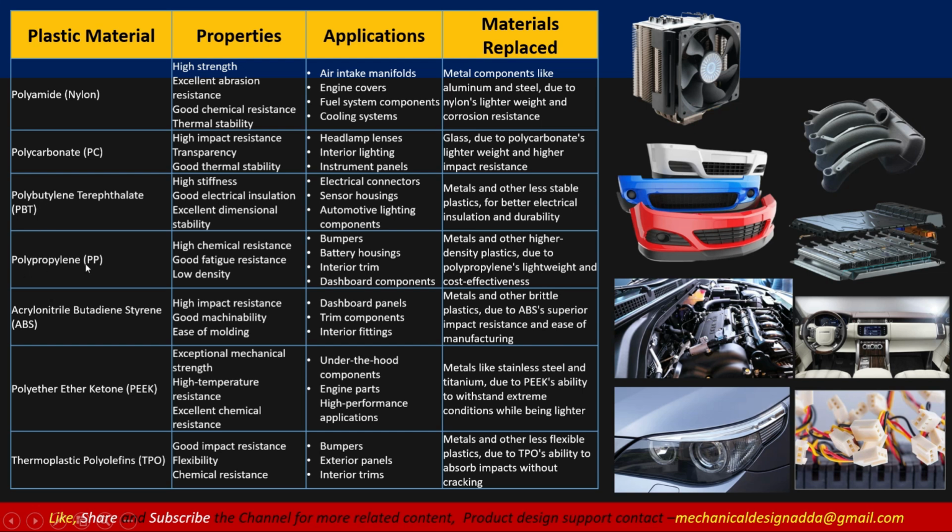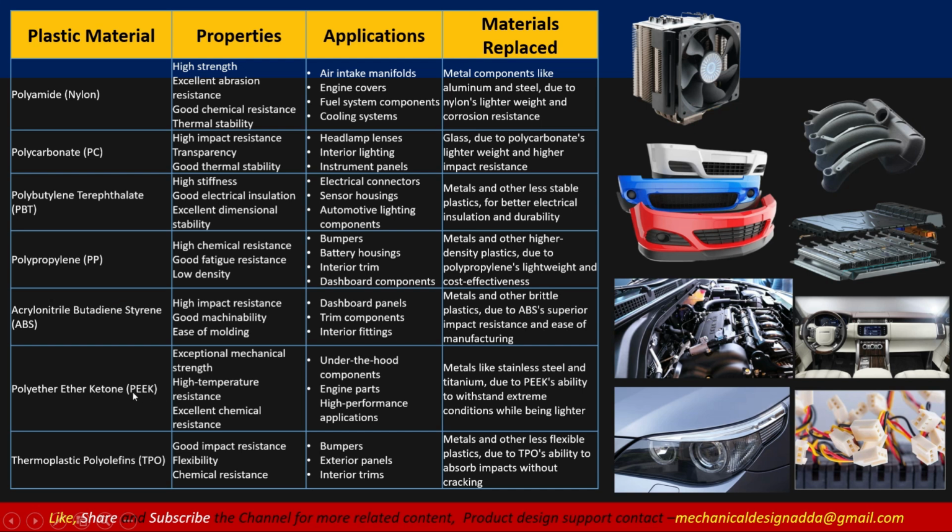And polypropylene products we are using for the bumpers, battery housing, interior trim and dashboard. We use polypropylene for these applications because it is lighter in weight and cost effective. And then the ABS material we are using for the dashboard panel, trim components and interior fittings, because ABS provides superior impact resistance and is easy to manufacture.